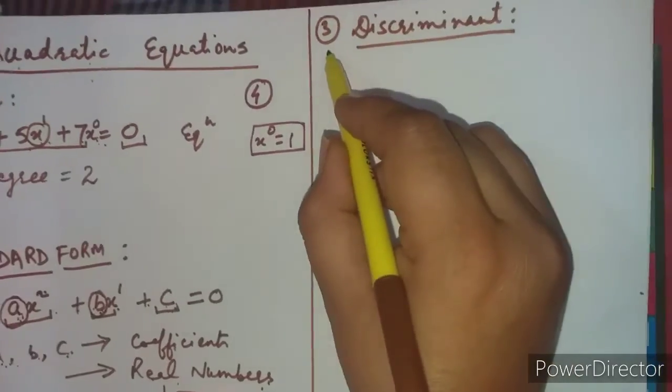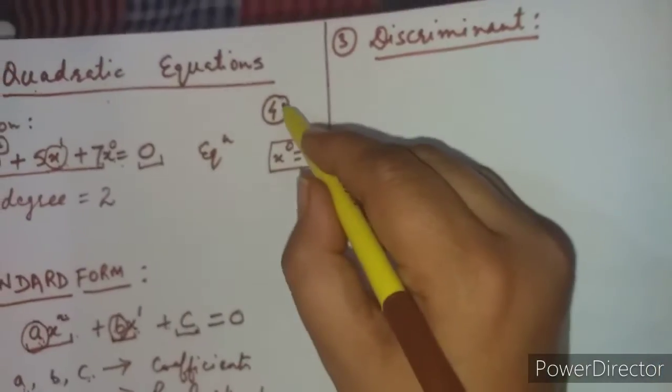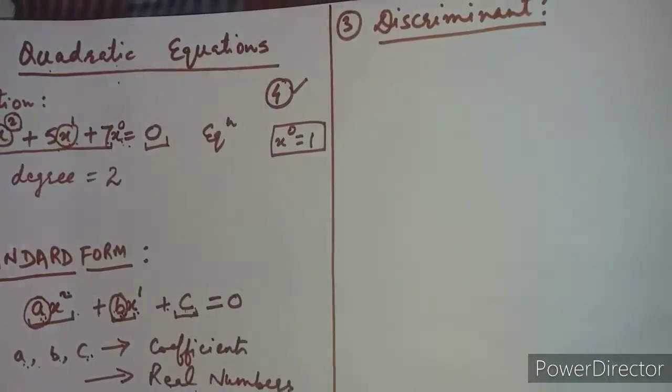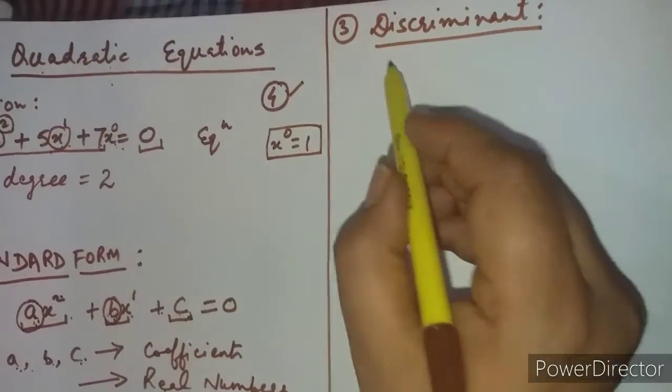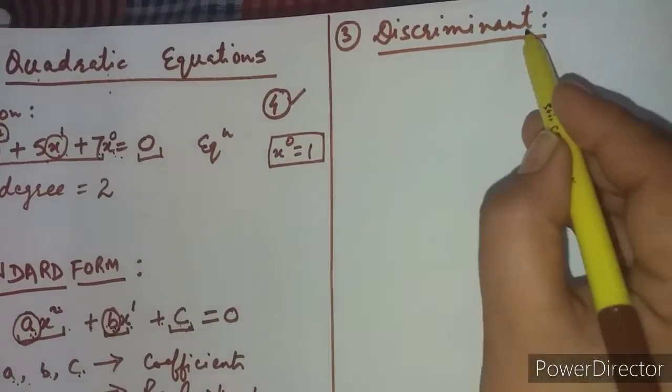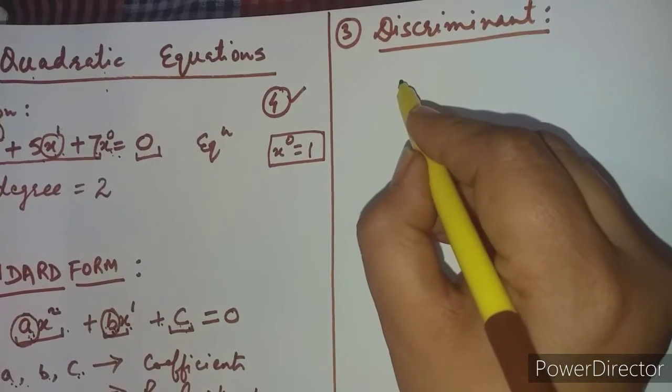Now the next important point about the quadratic equations, I told I will take up 4 points, and out of those, the third important point is about the discriminant. Discriminant is the name of an expression only.